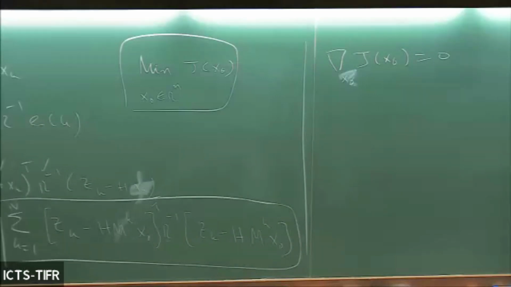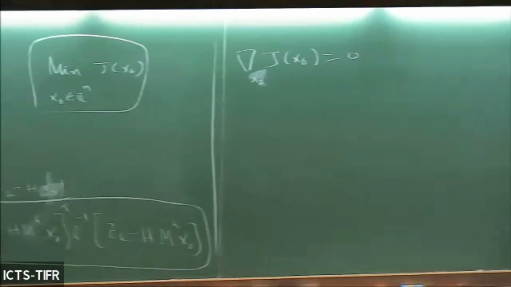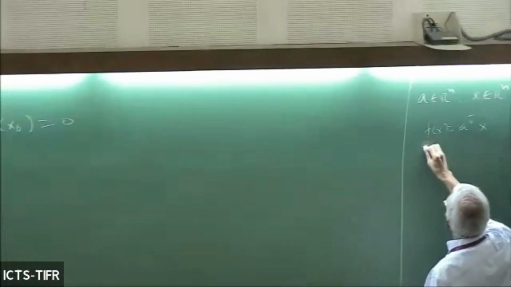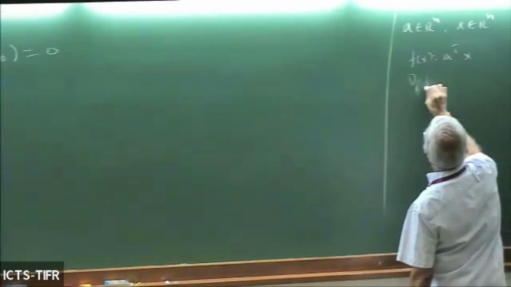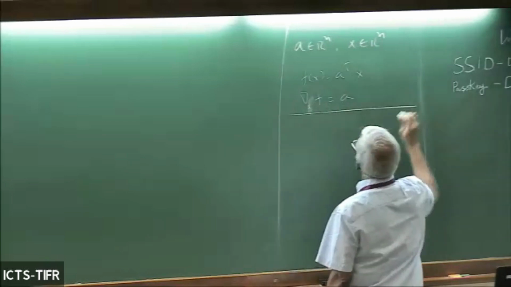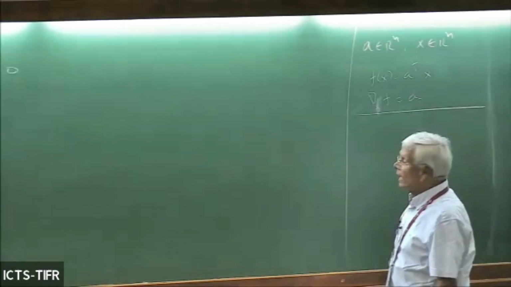The expression may look different, but the principle we have already seen. So what is the basic principle we are going to use repeatedly again and again? If A is a vector in R^n, if X is a vector in R^n, if f of x is equal to A transpose X, the gradient of f with respect to X is A. That's the first rule of the multivariate calculus.